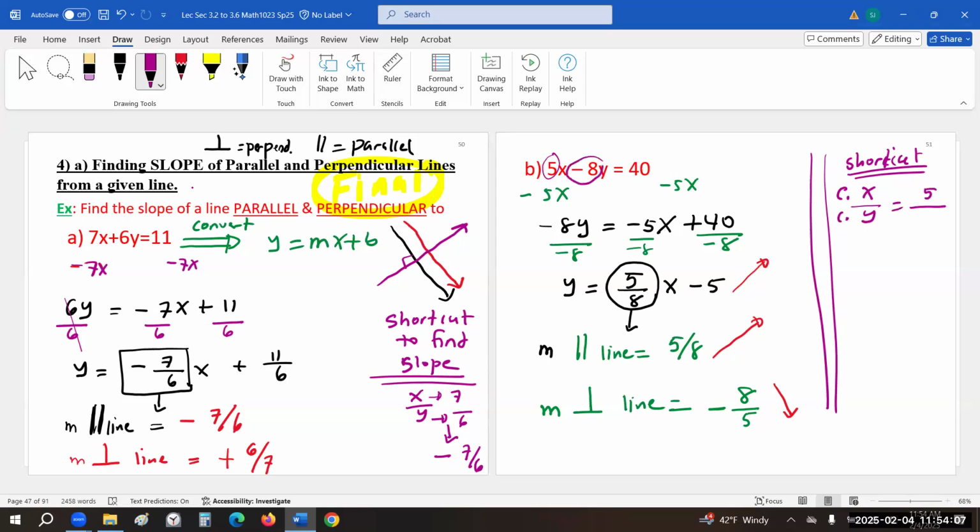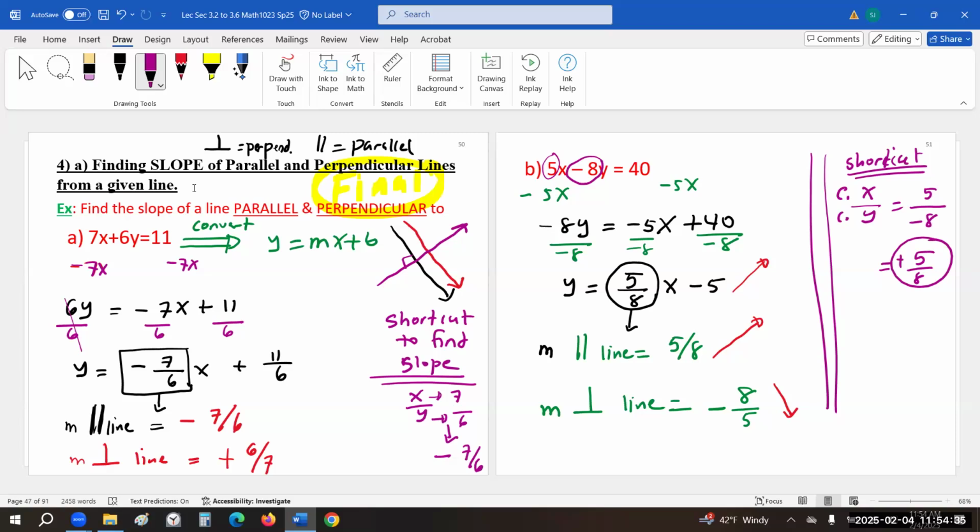Coefficient of the y is -8. And then you flip the sign. So it's 5/8 with a positive sign, which is true. We get the exact same thing. So coefficient of the x divided by coefficient of the y, and then change the sign, whatever sign you have. Any other question?